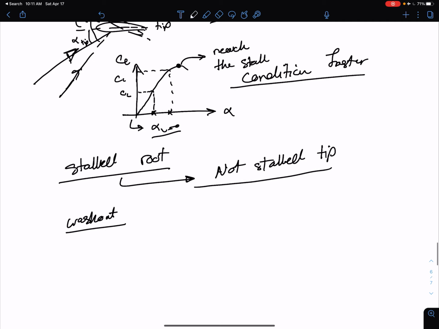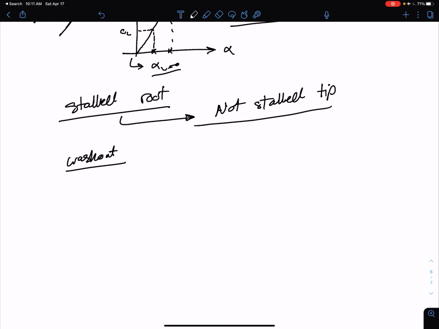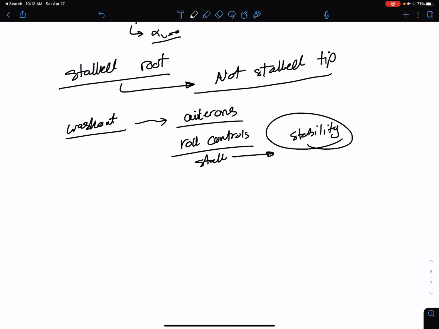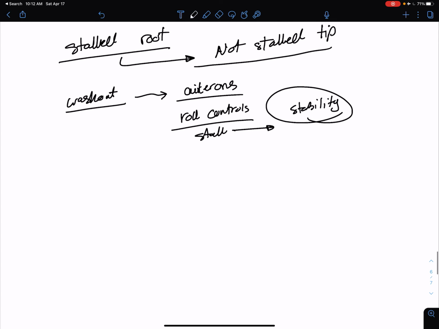Why is this important? This is very important mainly because your ailerons, which are your roll controllers, are going to stall later. What does this mean? It means more stability for the aircraft. This is why this is a more common type of design.